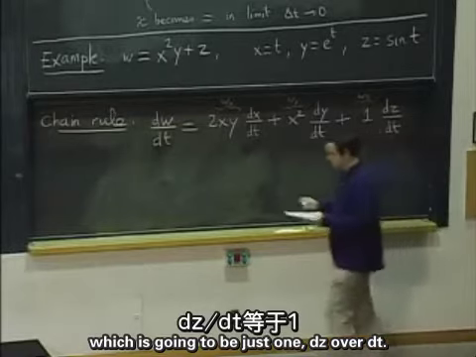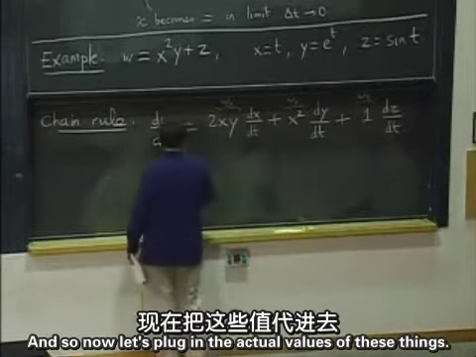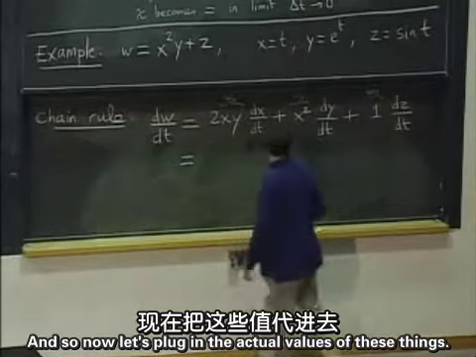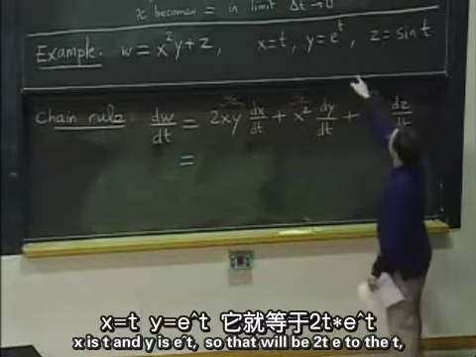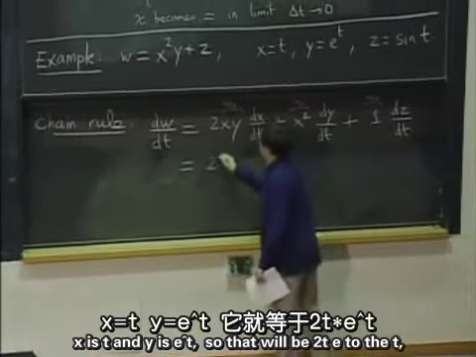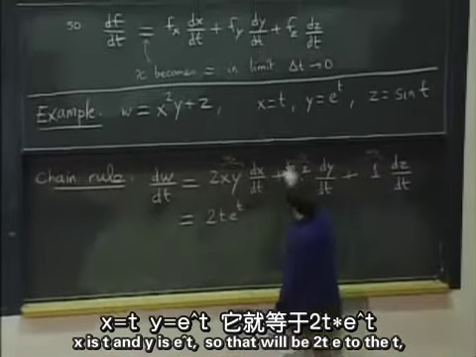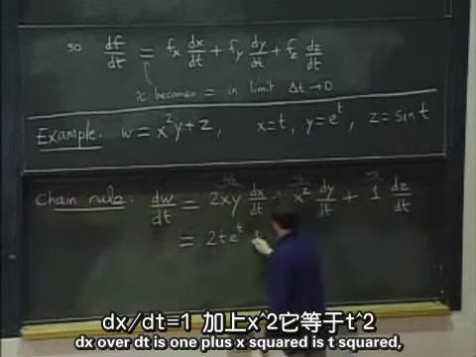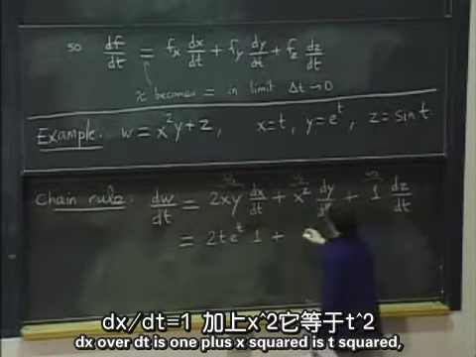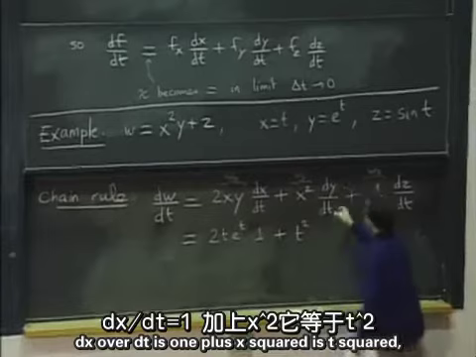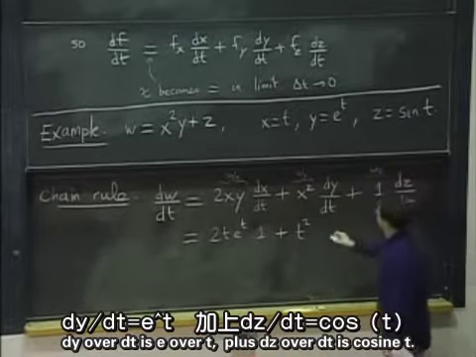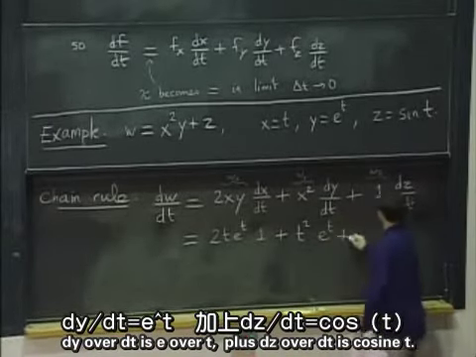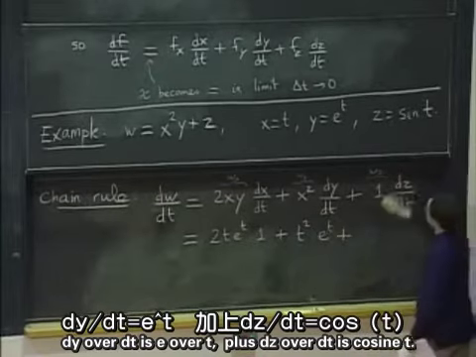Okay? And now let's plug in the actual values of these things. So x is t, y is e to the t, so that will be 2t e to the t. dx dt is 1, plus x squared is t squared. dy dt is e to the t, plus dz dt is cosine t.